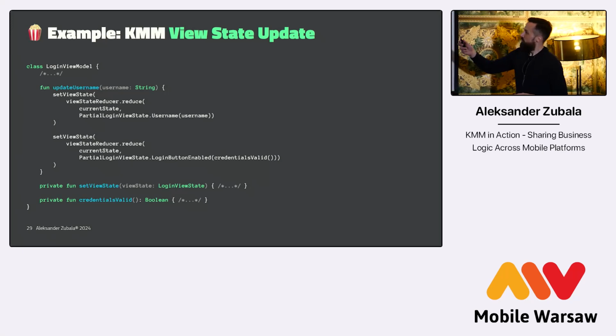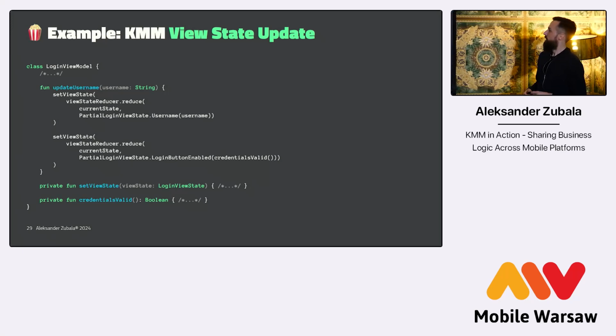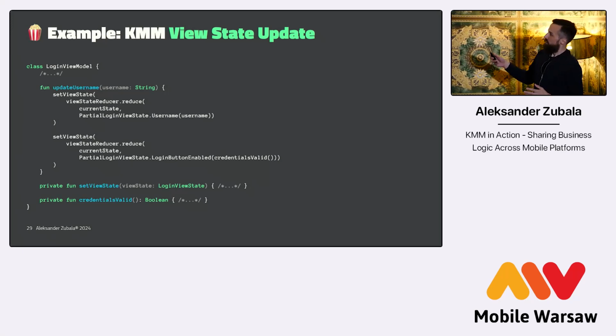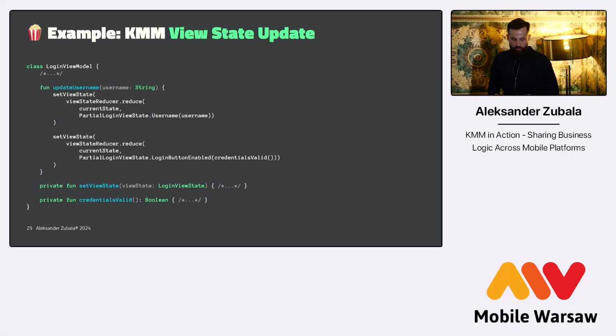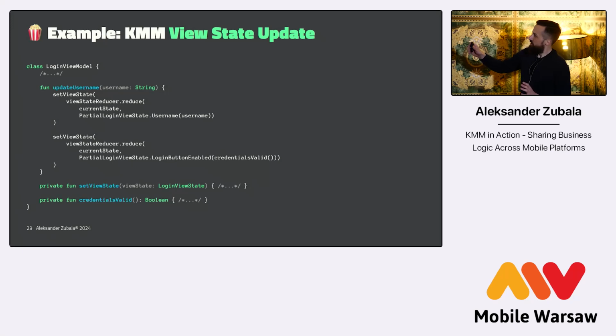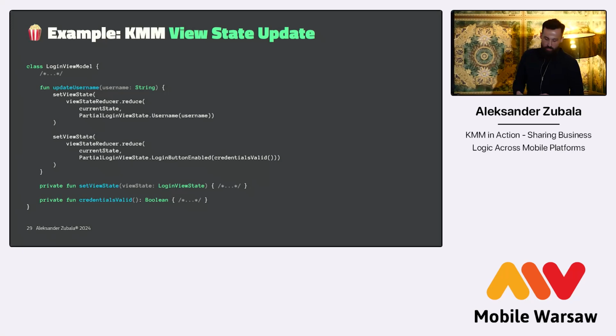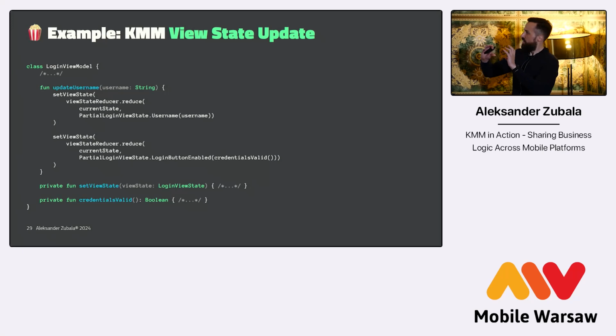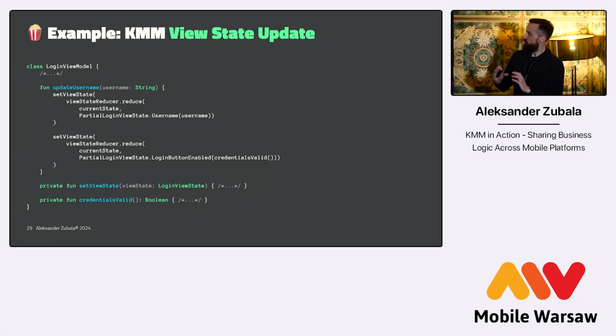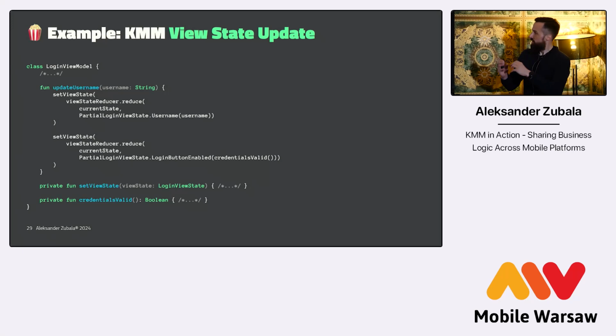Let's jump into implementing the first intent that we can have in our view. The method that you've seen at the beginning was update username, and here we take the username parameter from the method, and we have this set view state method, where I hid the implementation, but basically it takes the view state reducer state that was updated and propagates it to anyone subscribed to the flow.